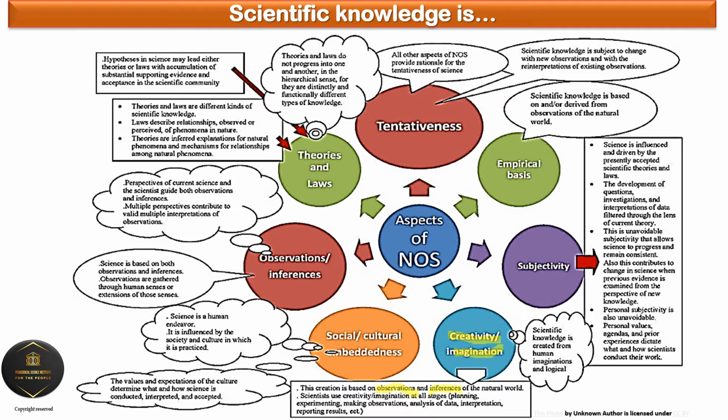So we will build upon the observation to say, since we observed 1, 2, 3, it may suggest that this may be behaving in this way. So we make observations and inferences about the natural world. And in all of these stages, of course, scientists have to use their creativity and imagination.